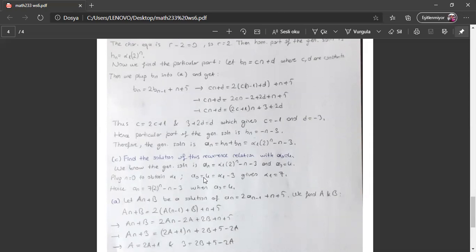When we write n equals 0, what do we have? a_0 equals 4, so 4 equals alpha 1 minus 0 minus 3, so alpha 1 equals 7. We had only one coefficient that we didn't know, so we already found it. So a_n equals 7 times 2 to the n minus n minus 3, when a_0 equals 4.